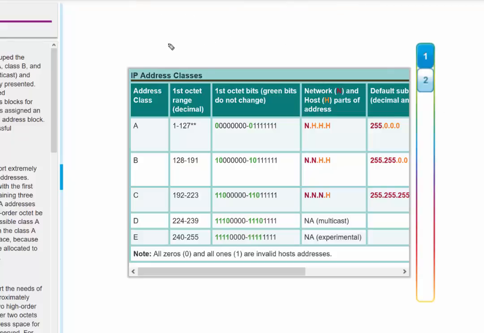Class C starts from 192 all the way to 223. 192 is actually 11 and then all zeros, so it's 110 and anything. If you put all zeros here, you end up with 192.